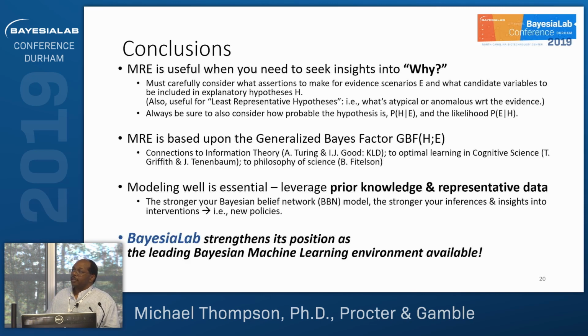MRE is based upon the generalized Bayes factor, and it really has some sound theory and underpinnings in a lot of dimensions that make it quite a good metric for these. In that tool, I take the log of it and use the weight of evidence as the predictors for any proportional quantity.